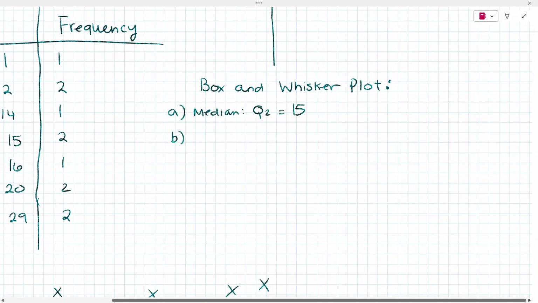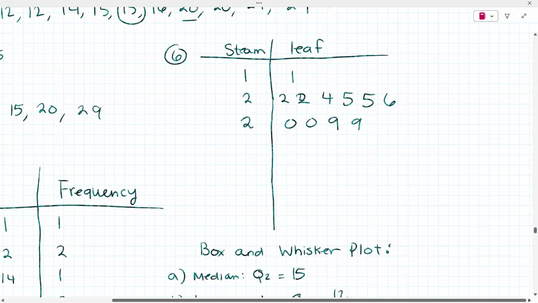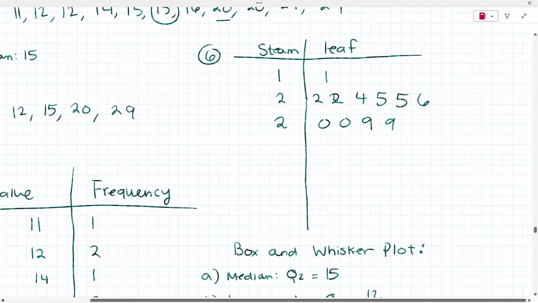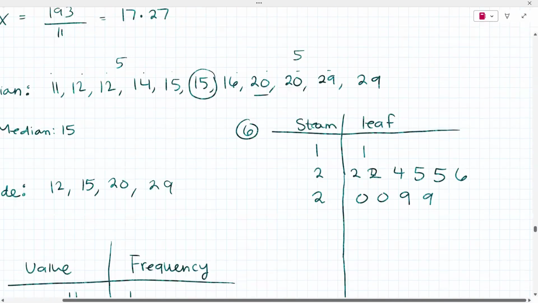B, we need the lower median, or Q1, which I believe is 12. 15 is right in the middle.